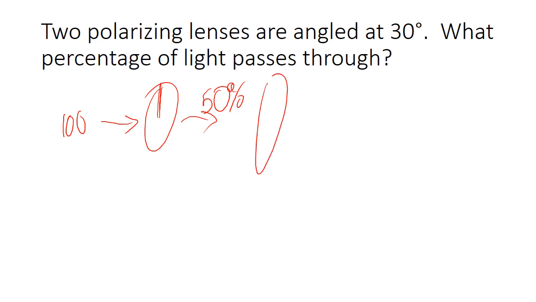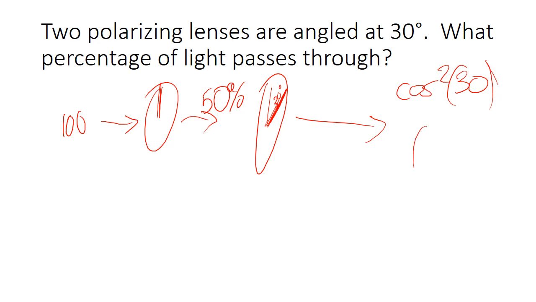Now we have our second polarizing filter, which is angled at 30 degrees, right? So this is the polarizing gradient, whatever you want to call it. And so what do we have to do? We're going to multiply this by cosine squared of 30 degrees. All right, cosine squared of 30 degrees. Well, do you remember all this stuff? So cosine of 30 is root 3 over 2.